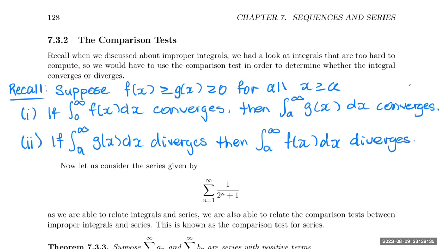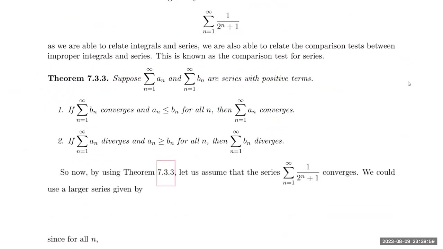Okay, so first, let us consider this series that is given by the sum from 1 to infinity of 1 divided by 2 to the power n plus 1. As we are able to relate integrals and series, we could also relate the comparison test between improper integrals and series. So this is known as the comparison test for series. Let us suppose that two series, the sum of an and the sum of bn, are series with positive terms.